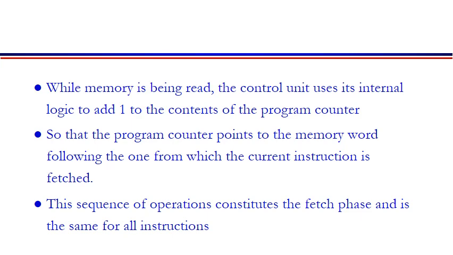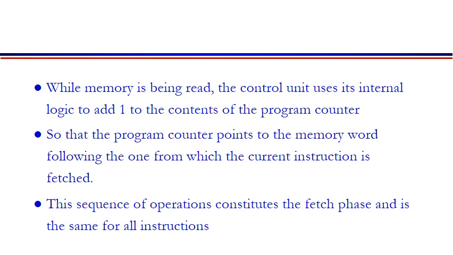After the instruction register is given the instruction, the program counter is incremented by 1. The reason the program counter is incremented by 1 is that it points to the memory word following the one from which the current instruction is fetched, or we can say that it will point to the address of the next instruction.